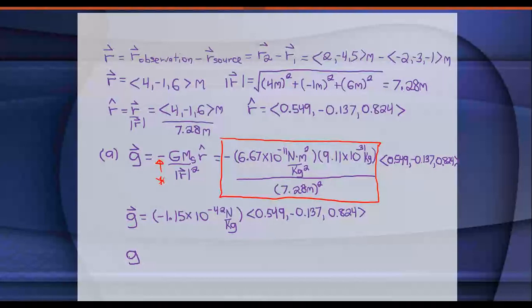So if we actually multiply this, again, what you're doing is multiplying a scalar, which is on the outside here, by a vector. So we just multiply every number in the ordered triple by that value.